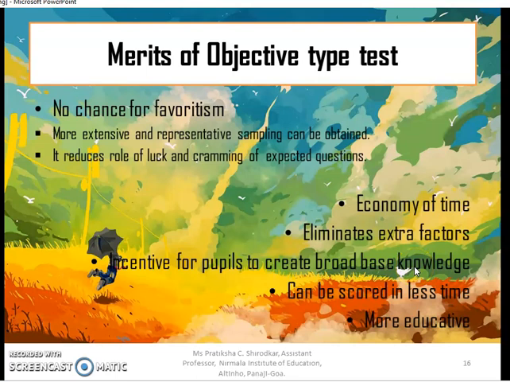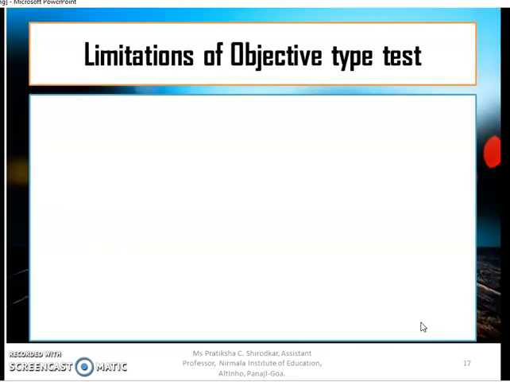So it basically helps you check whether the students really have understood the concept or not. It can be scored in less time because there is less reading here in comparison to the essay type, and it is more educative because the students get the answer and understand the concept point to point.